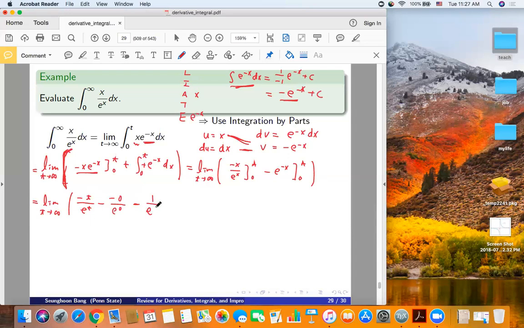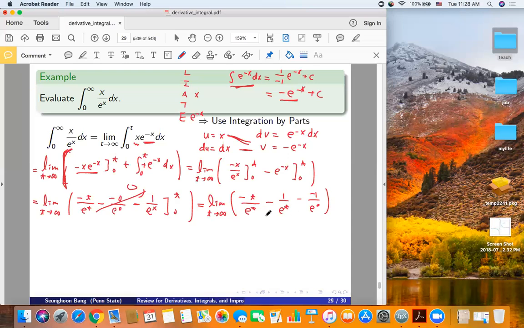You can change it to the positive exponent, from 0 to t. So minus 0 is going to be 0. So we have the limit as t approaches infinity of negative t over e to the t, minus, plugging in t, 1 over e to the t, minus 1 over e to the 0.